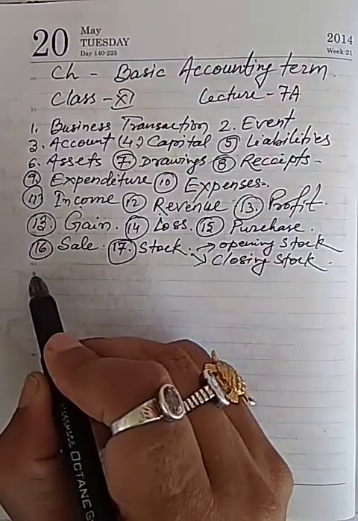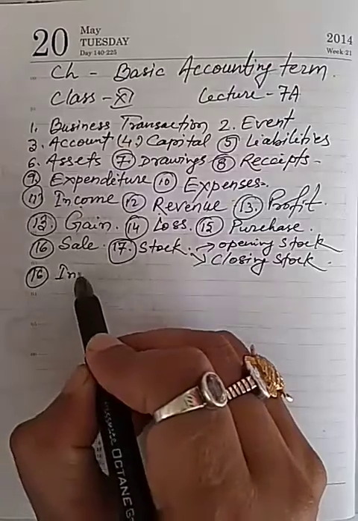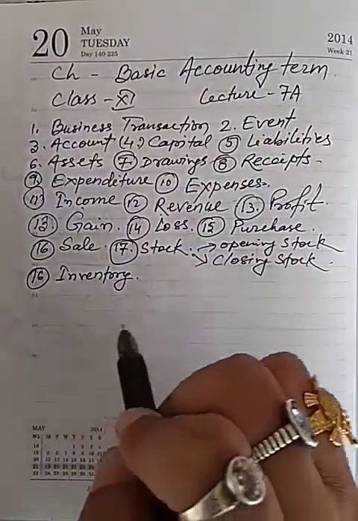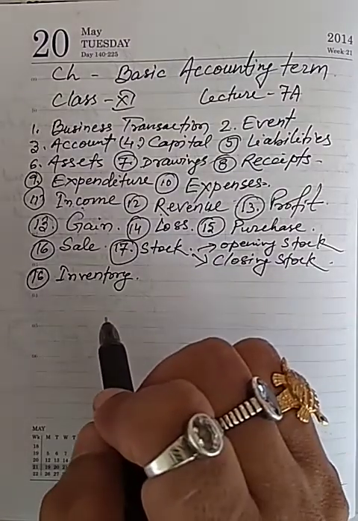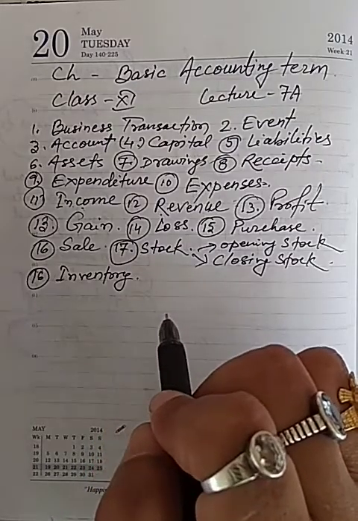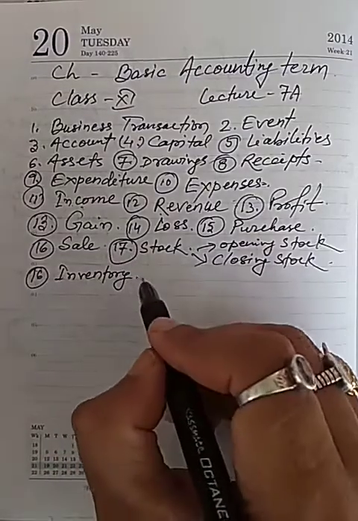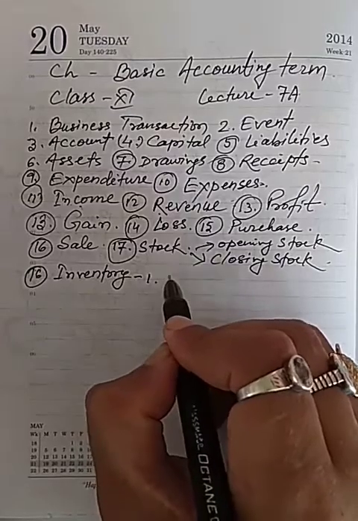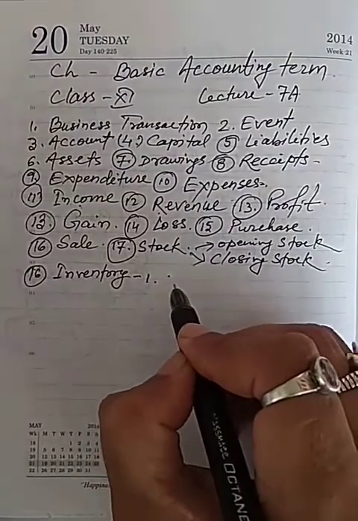Now, next thing is inventory. In case of a manufacturer, there can be opening and closing inventory of four types. First is inventory of raw material.